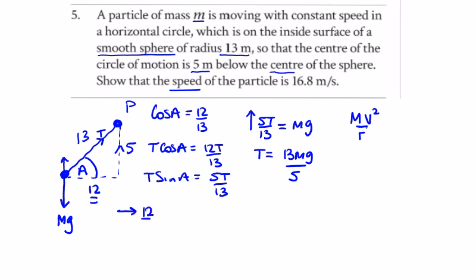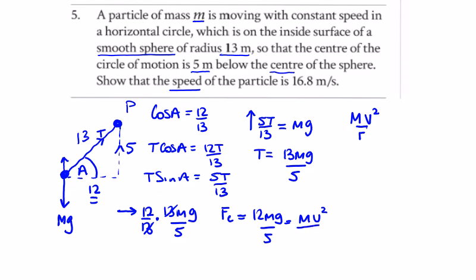So 12 over 13 by T, where T is 13 mg over 5. So the 13s cancel. So my force going towards the center is equal to 12 mg over 5. And this will be equal to mv squared over r.